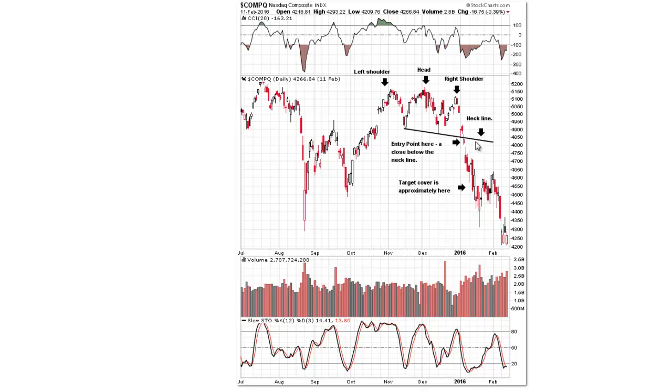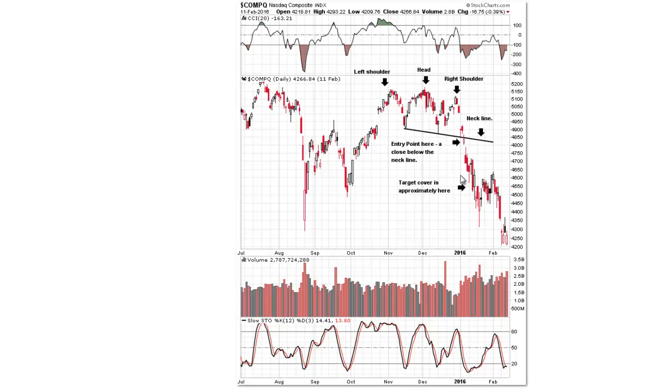So we can see that the target entry point was here, the close below the neckline in early January, and then shortly thereafter it reached the target within a week or so. Now, because it got off to such a good start, you could have said, okay, let's see if it can go to the next support level.